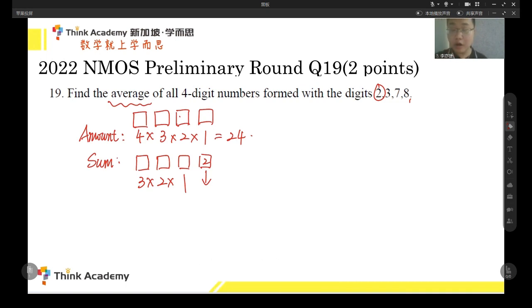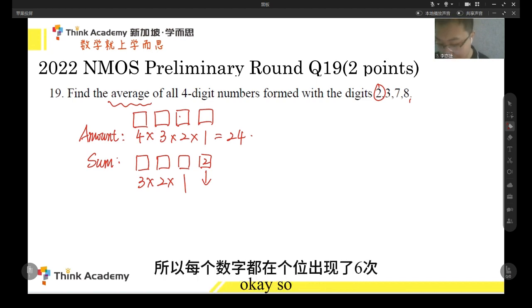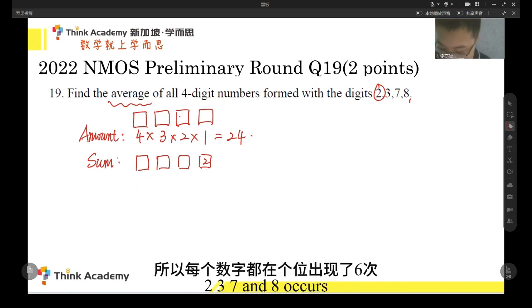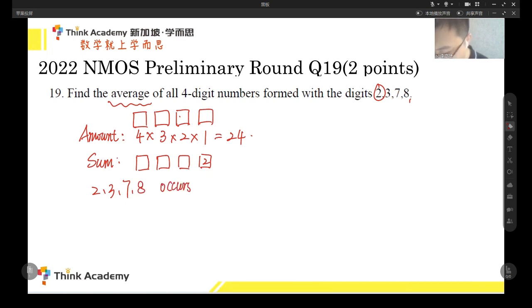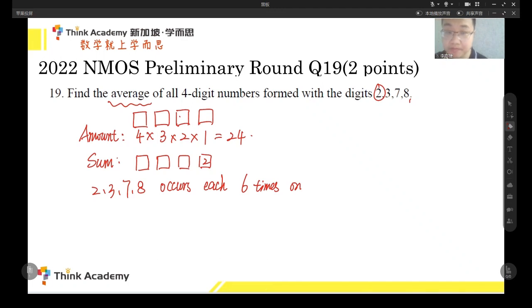And it's the same for the 3, 7, and 8. Okay? So 2, 3, 7, and 8 each occur 6 times, right? On the ones digit.